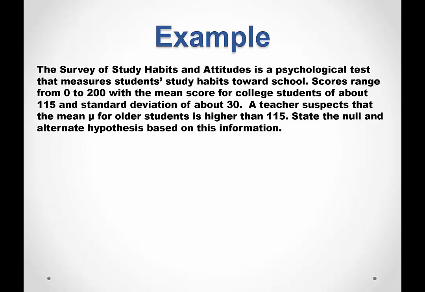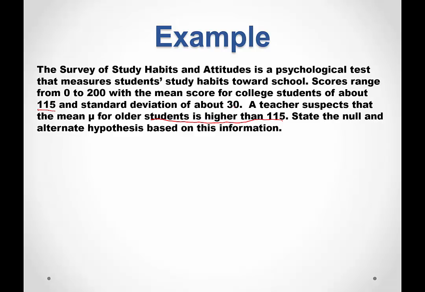Now, the researcher's hypothesis is that the mean in older students is higher than 115. So that is one of the things that's very important. Now, based on what everyone believes is true, the average or the mean is 115.